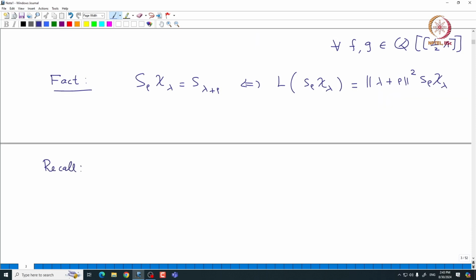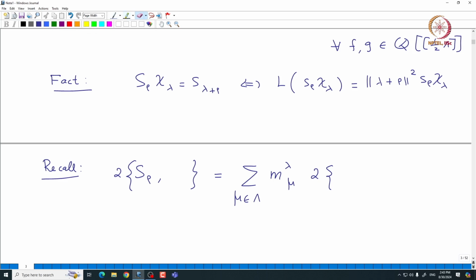Let us recall something we already verified. If you take S rho, which is the Weyl sum corresponding to the Weyl vector rho, then twice the bracket of S rho comma e power gamma for any gamma is given by a formula, and this is the formula we get for chi lambda.